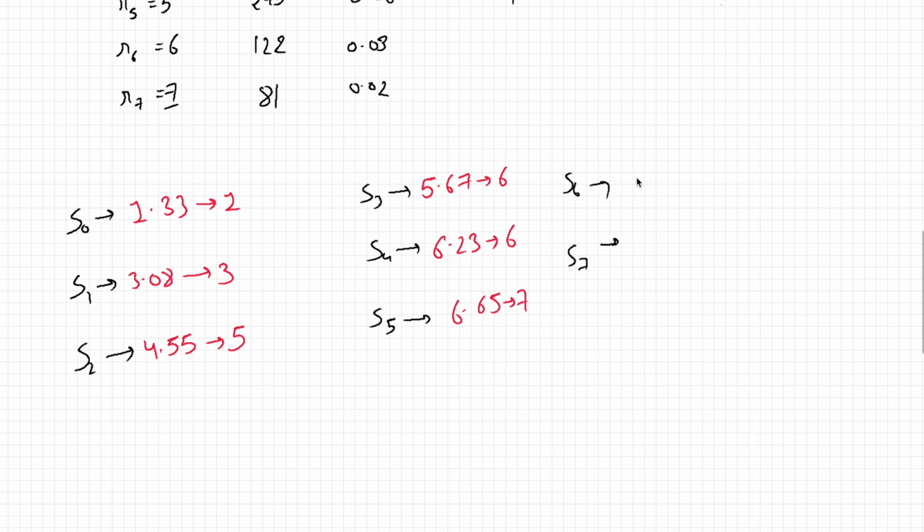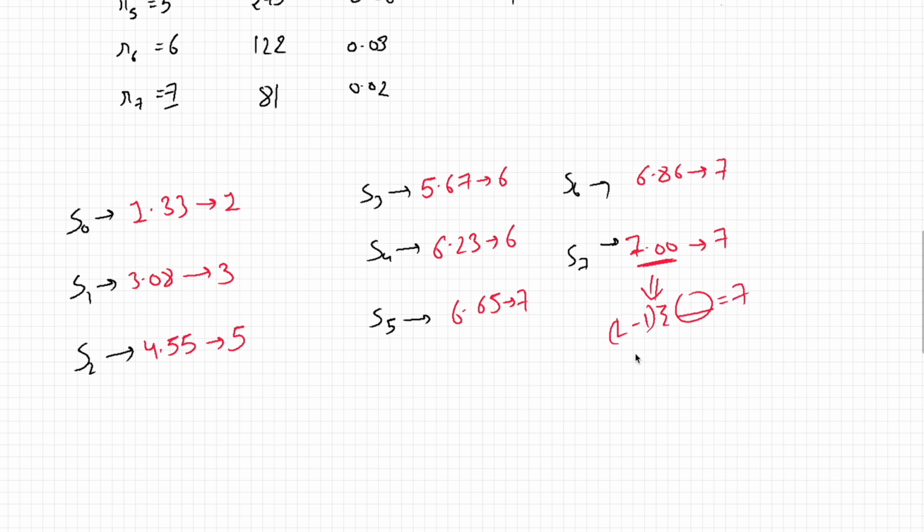S of 6 is 6.86, again round it off to 7, and S of 7 is 7.00, again round it off to 7. And I think we can guess why this turns out to be 7, because this would include L minus 1 and the summation of all the probabilities, and the summation of all the probabilities is actually 1, and L minus 1 is 8 minus 1, 7.